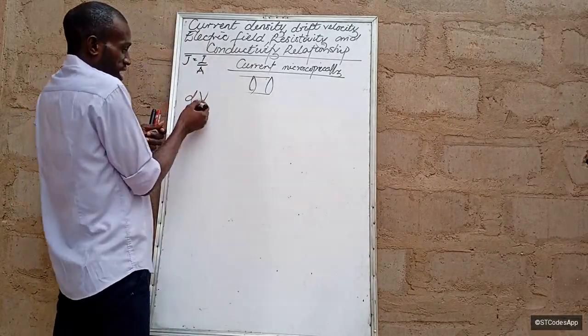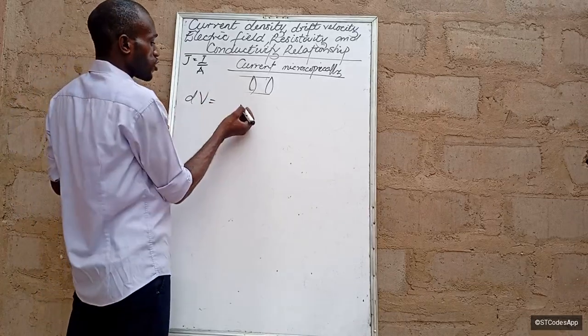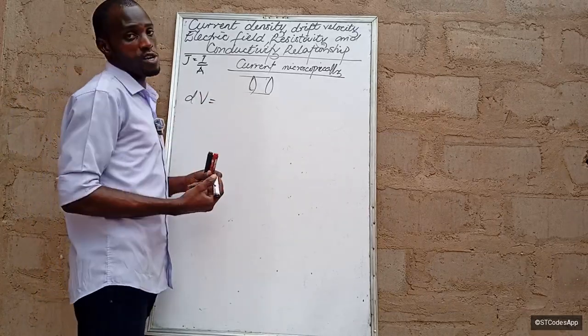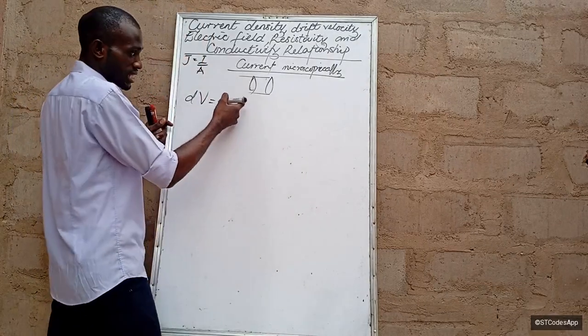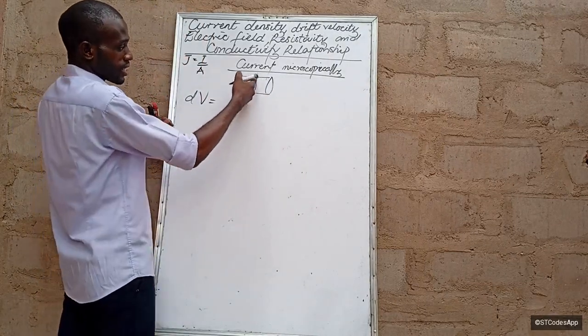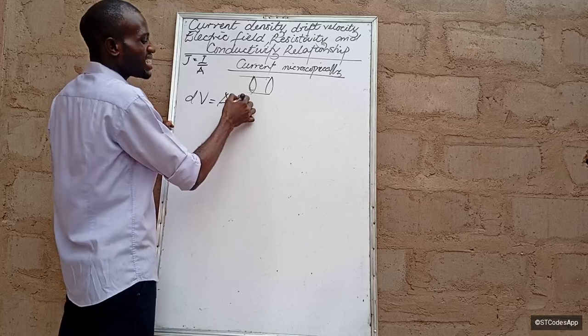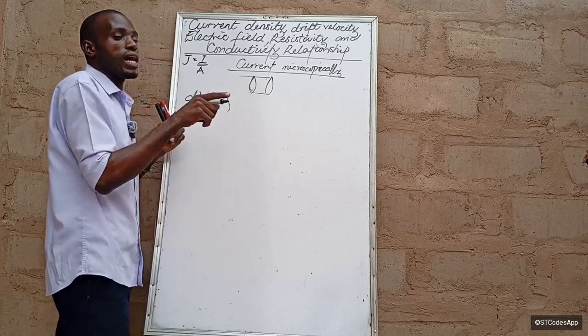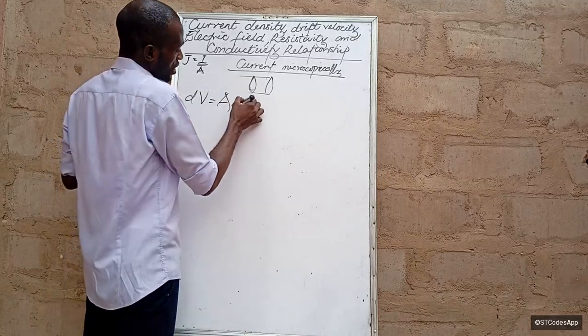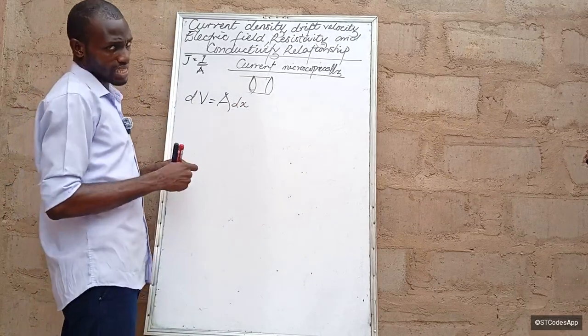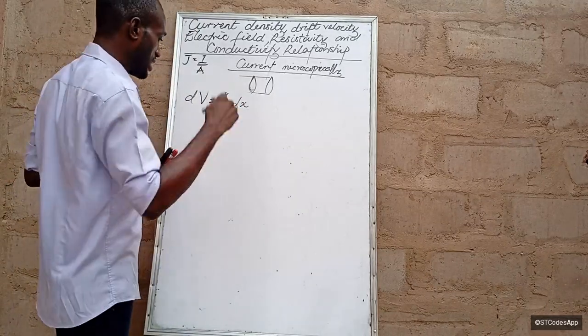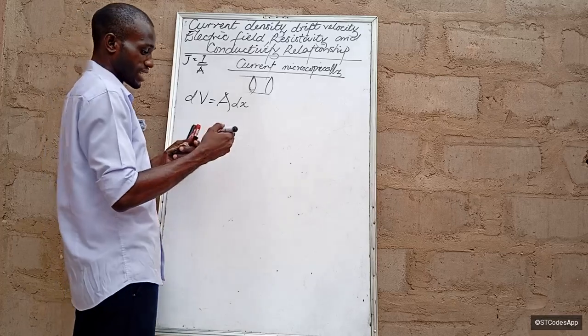The smallest volume there is dV, and volume is area times height, or in this case area times distance. In this case, it's going to be that cross-sectional area times the small distance moved, which is dx. Is that clear? The small distance moved by the electrons, dx.